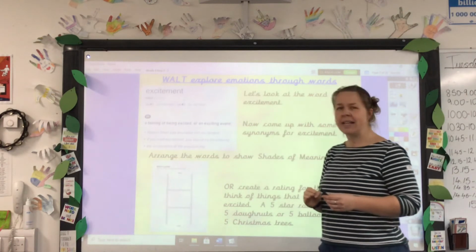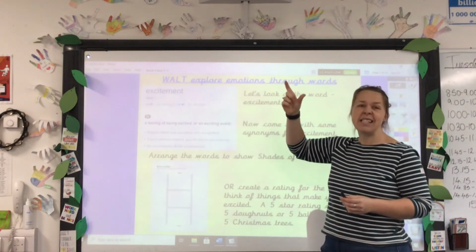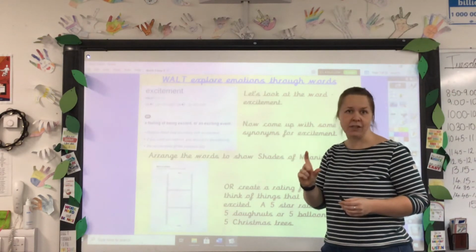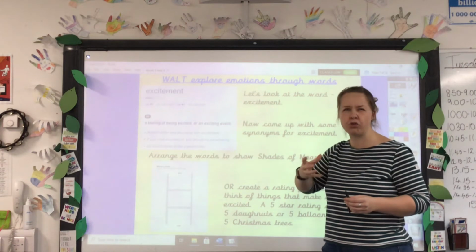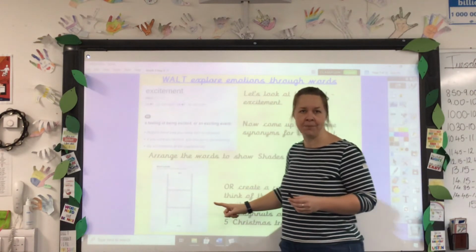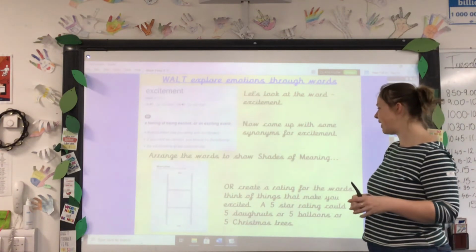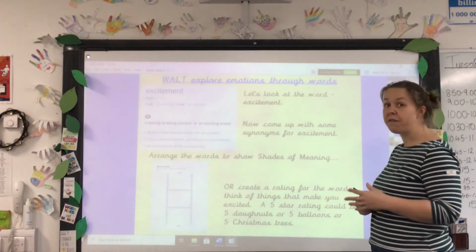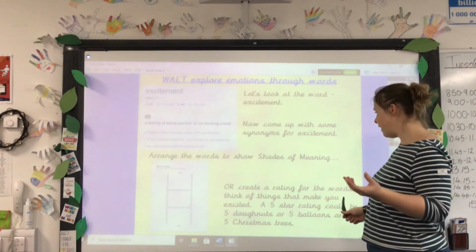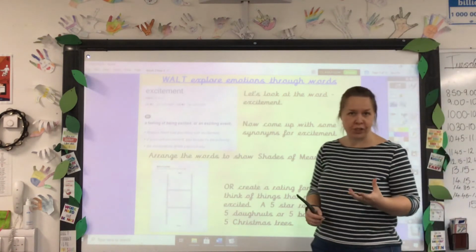You can list them from the least strong up to the strongest words, the ones that have the strongest meaning, like we did with happy and ecstatic. Or you can create a rating for the words. Think of things that make you excited. A 5-star rating for a really great word could be 5 donuts, if that makes you excited, or 5 balloons, or 5 Christmas trees, your choice.